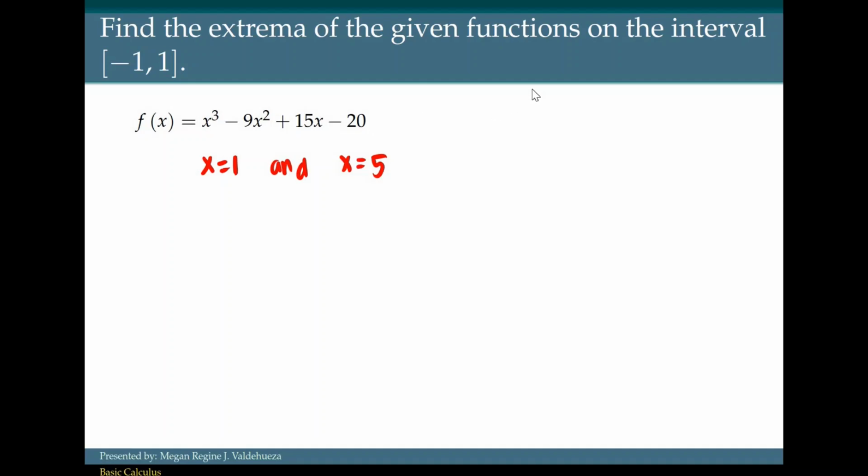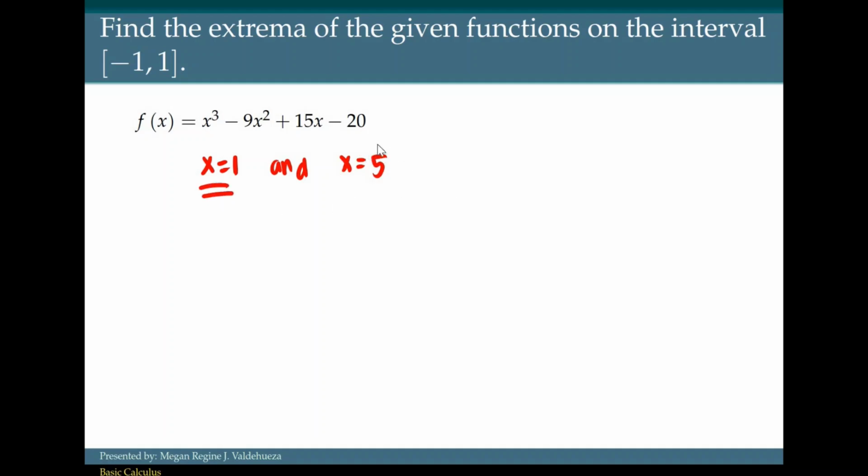And looking at the critical points, we are only limited on our domain, that is from -1 to +1. So we are only interested with x equal to 1.